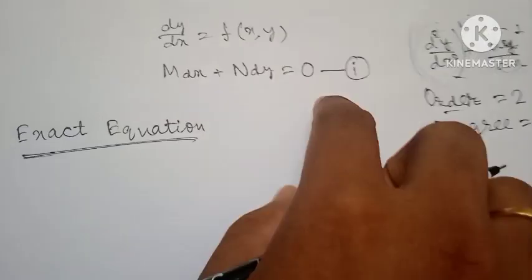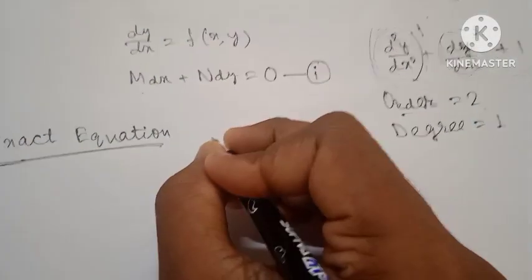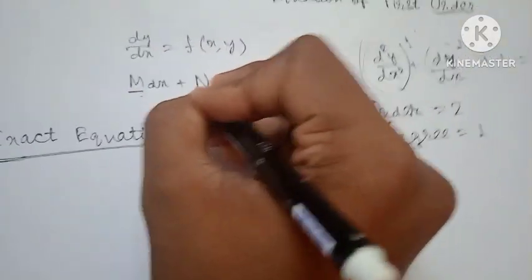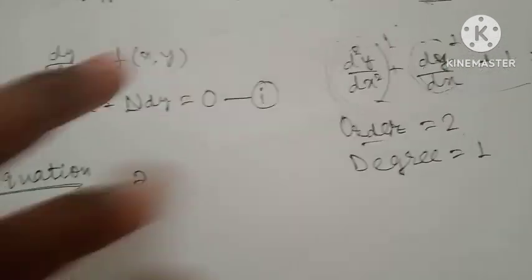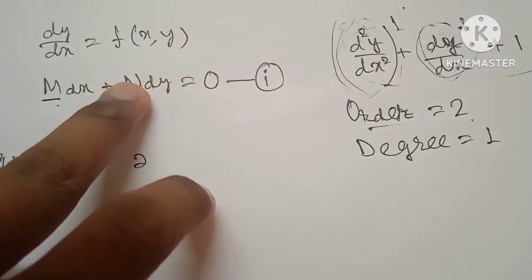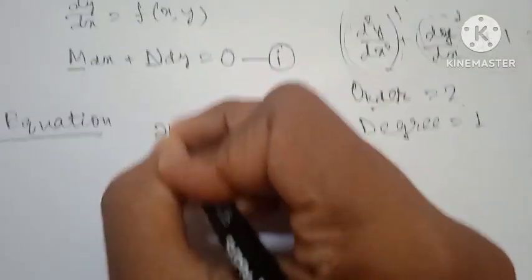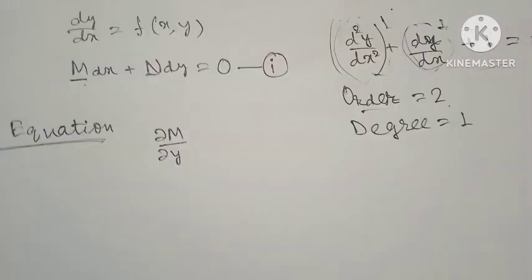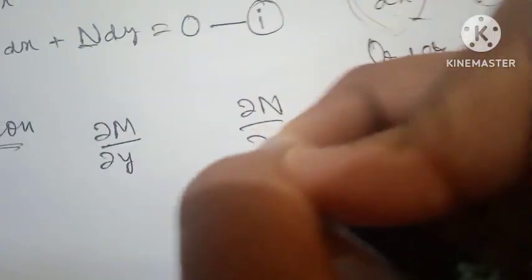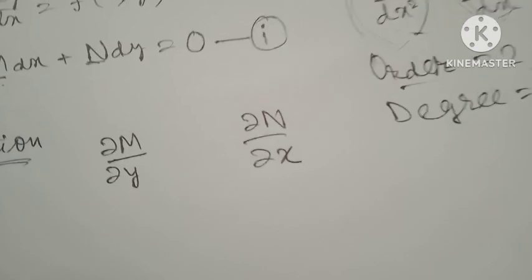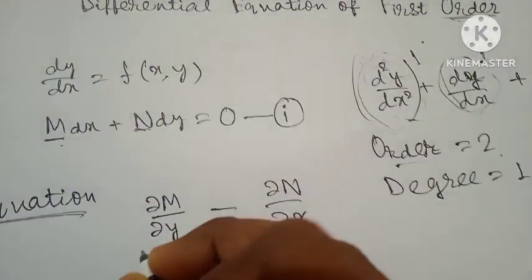If we take this kind of differential equation, M dx plus N dy equals 0, where M and N both are functions of x and y, and if we do the partial differentiation of M with respect to y, we will get some value, and if we do partial differentiation of N with respect to x, we will have some value.